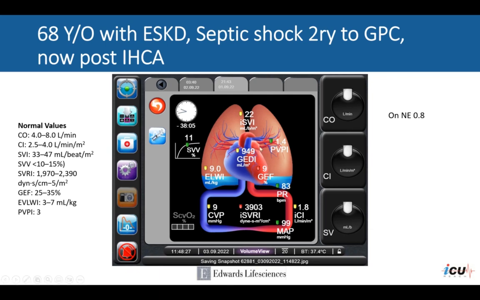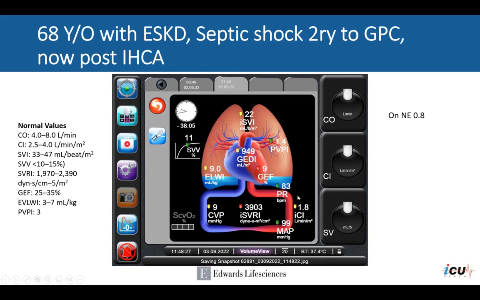Preload: global end-diastolic index more than 700, acceptable stroke volume variation, decreased stroke volume index. So two parameters are not consistent with a preload problem. However, the stroke volume index is decreased. Now contractility: look at the global ejection fraction, very low.